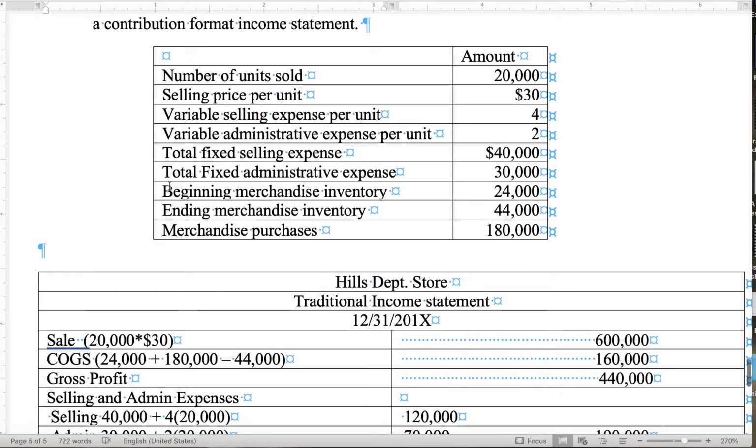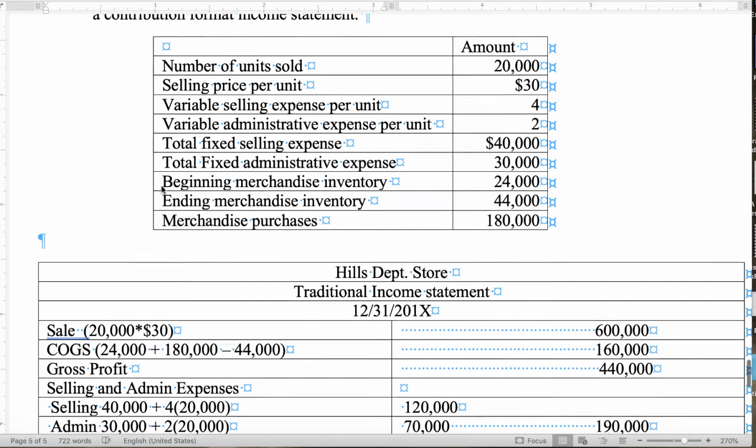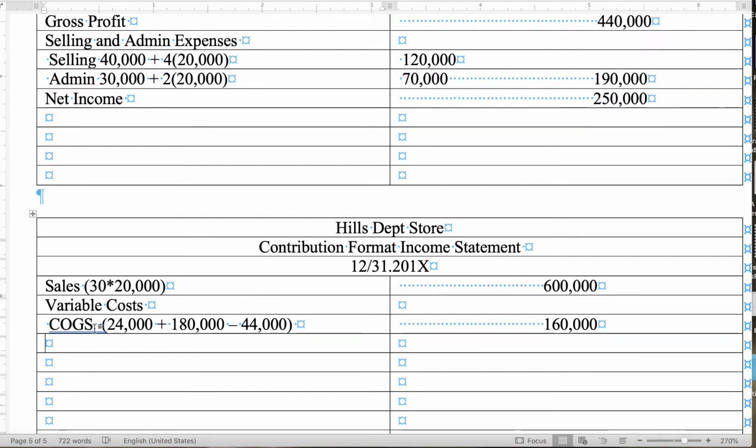Well, look here, we have variable selling and administrative. So I'm going to come down here and I'm going to say V period, just to abbreviate for variable, selling. Well, we know it's $4 times our 20,000 units. So the variable selling should be 80,000.